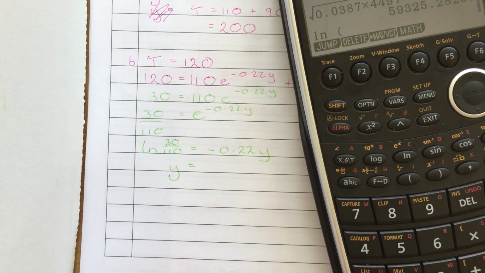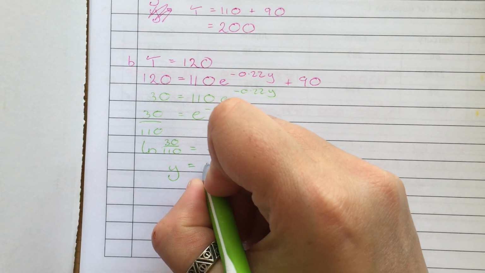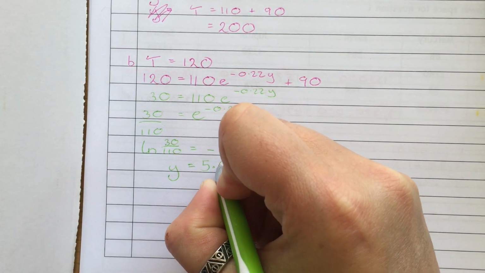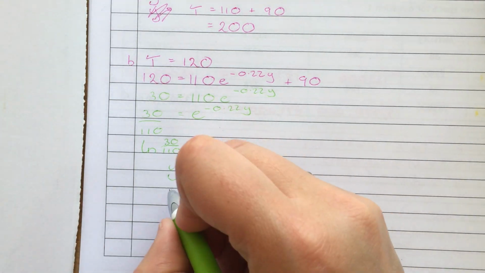ln of 30 divided by 110, and then we divide that by minus 0.22, which gives us 5.9. So after 5.9 years, we should be hitting 120, which is 2 hours.